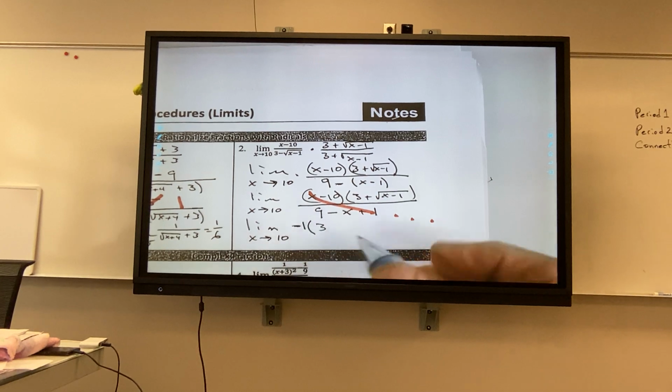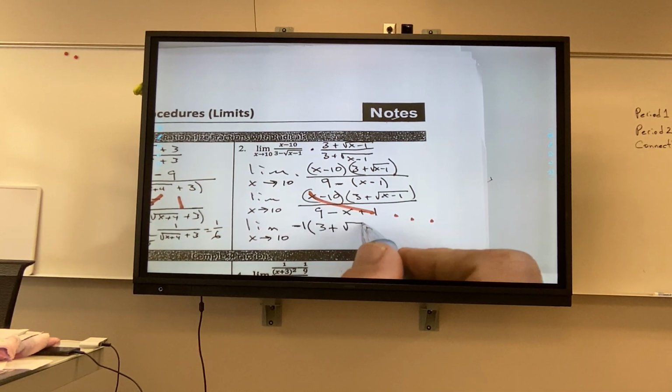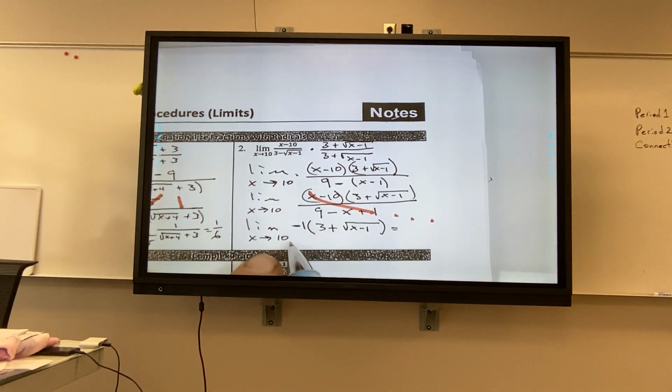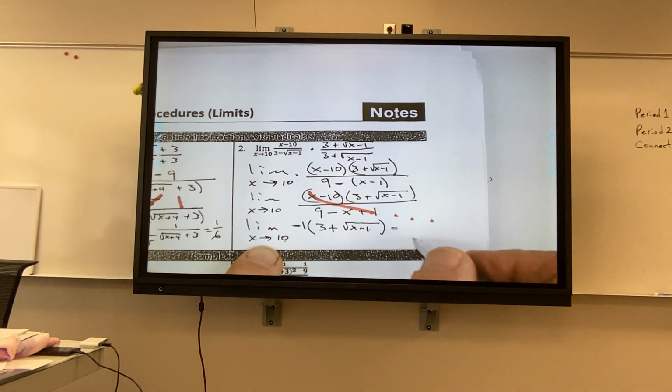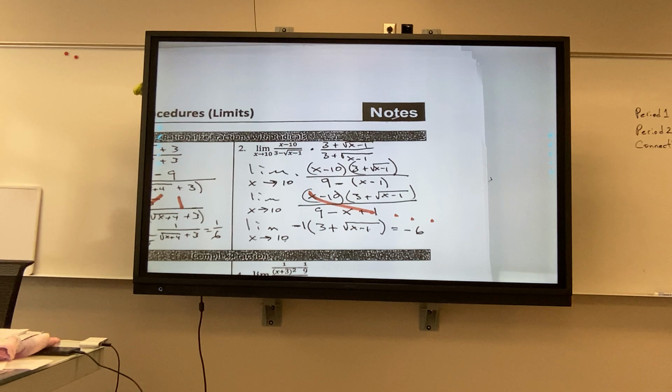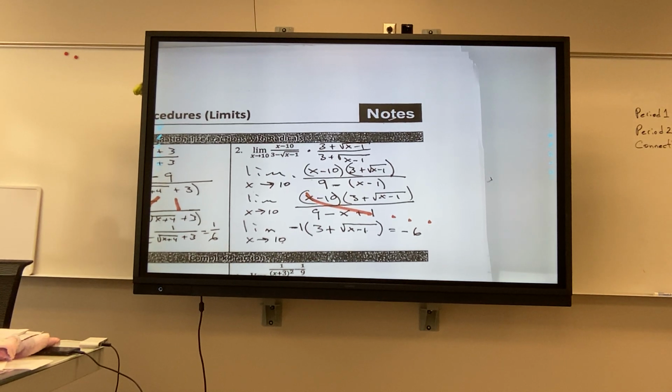If you want, you could write it like that. So I can put 10 into here, and I get 10 minus 1, which is 9. The square root of 9 is 3. 3 plus 3 was 6. So does everybody see where I get -6 as my answer? Yep. All right, 2 left.